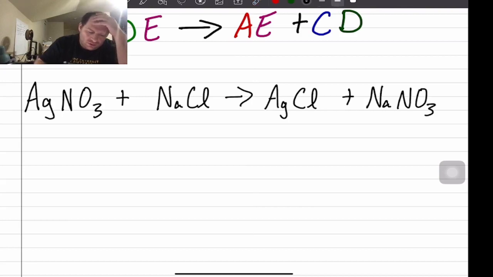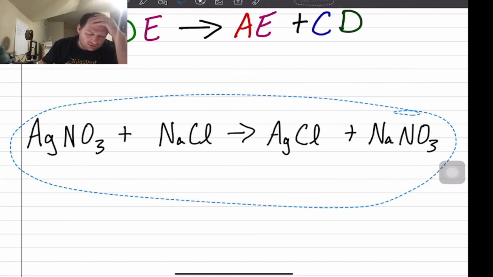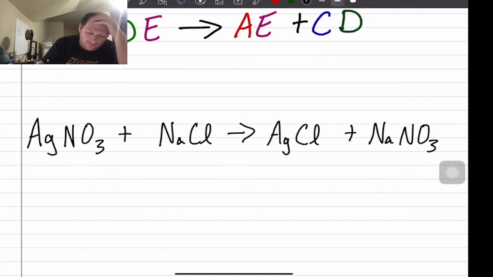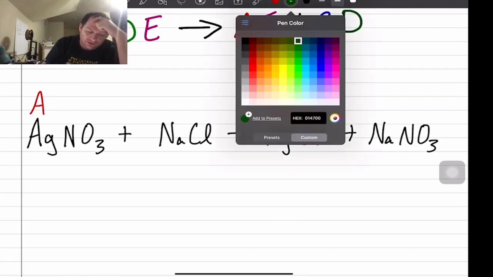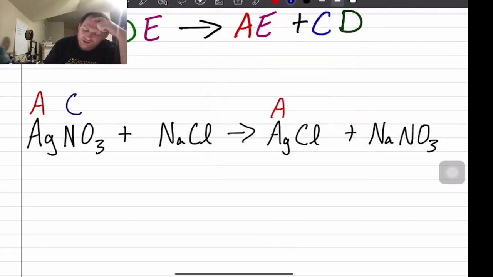Okay, so I'm going to label this. I'm going to move mine down just a little bit. Now my Ag is going to be A. That's A, and here's my A. My NO3, that would be my C. Sometimes this can be a little difficult, trying to figure out what would be a letter, but it just takes practice.